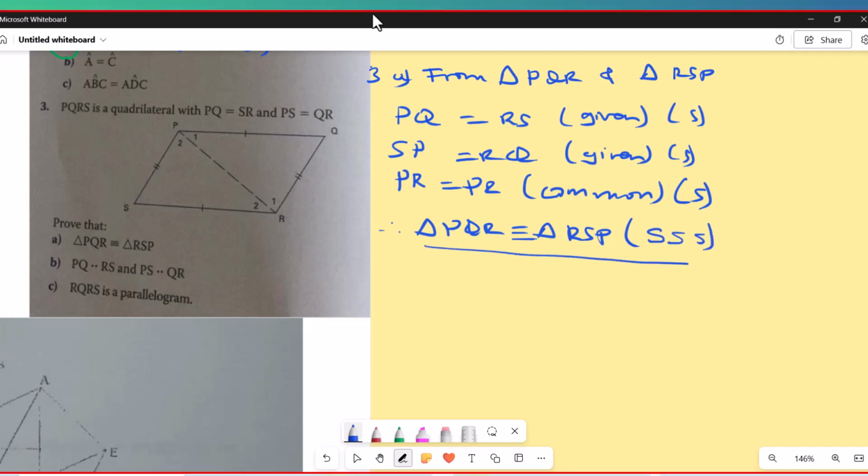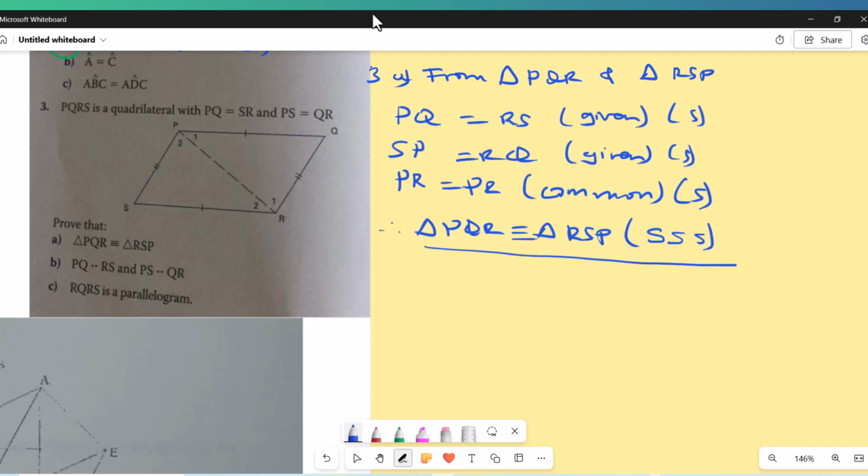Okay, that is it, guys. And then lastly, prove that PQ dot RS and PS dot QR. What do they mean by the dot now?